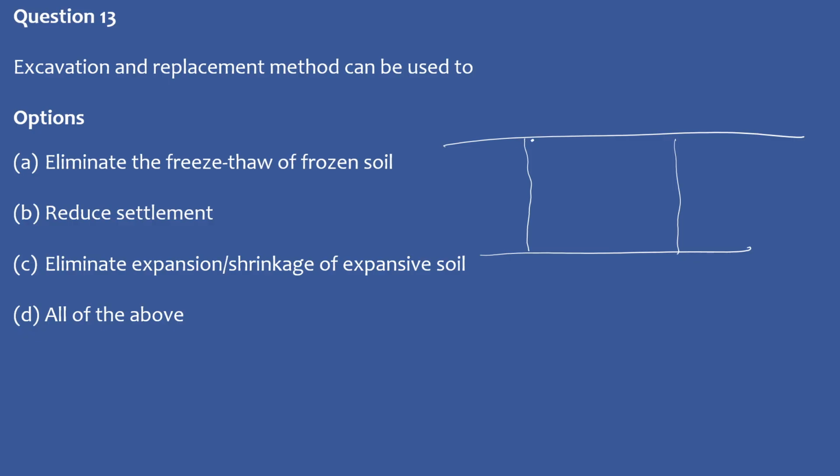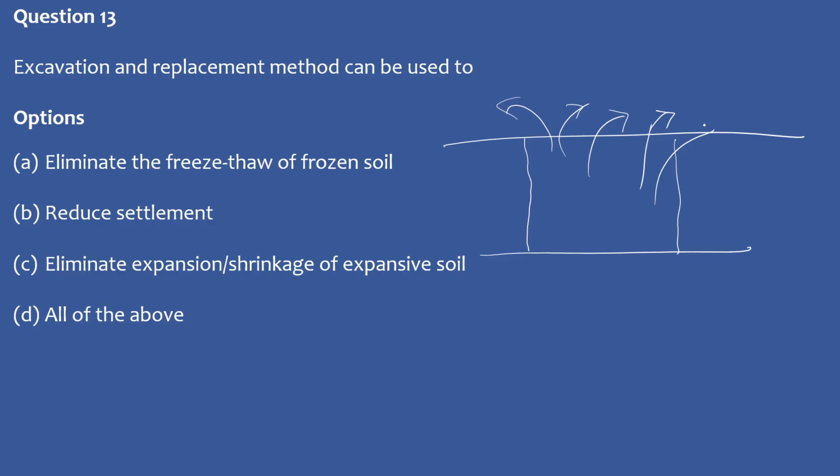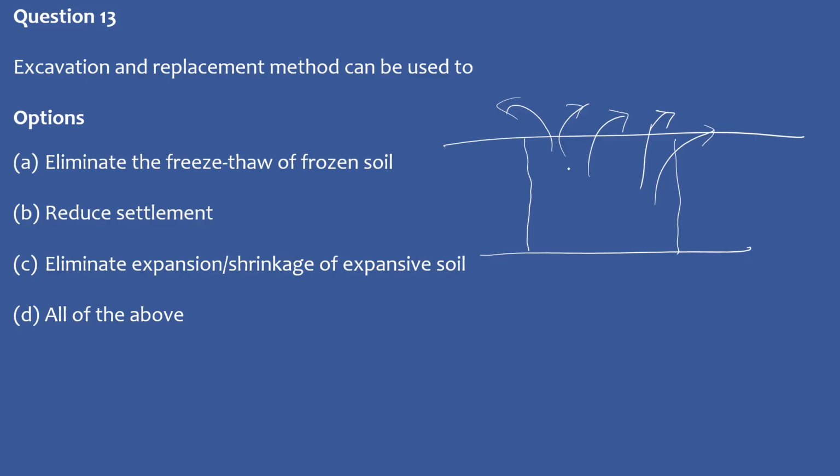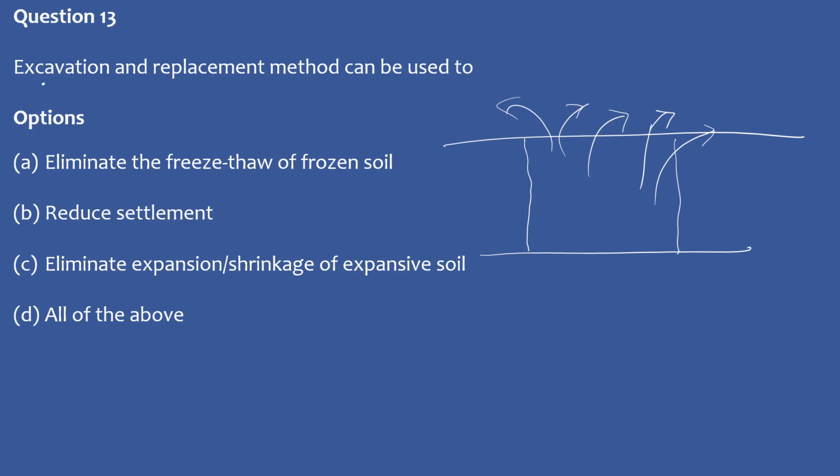In that part we excavate the soil matrix out of the ground, and instead of that loose or low strength material, we refill this section of the ground with a more strong, very high strength material which can bear that hazard. In that case, we call this ground improvement technique the excavation and replacement method.